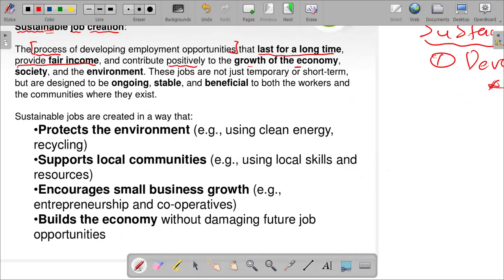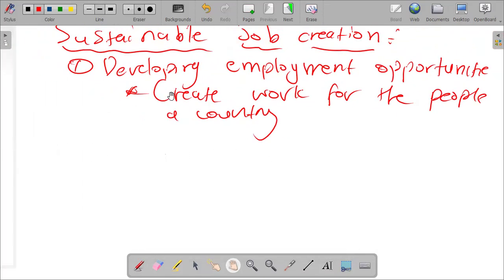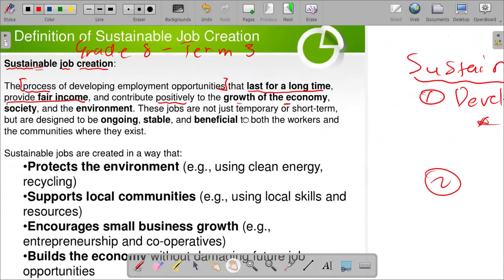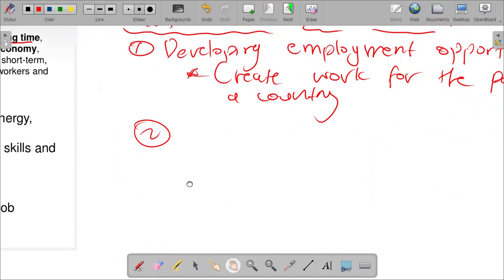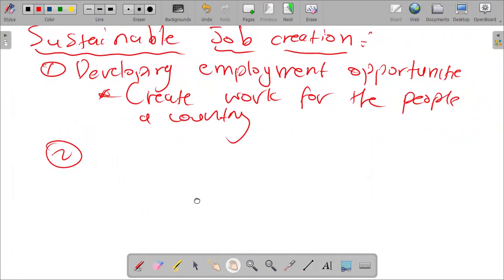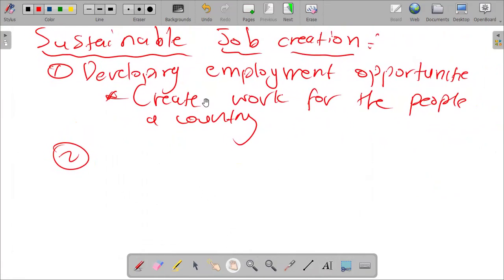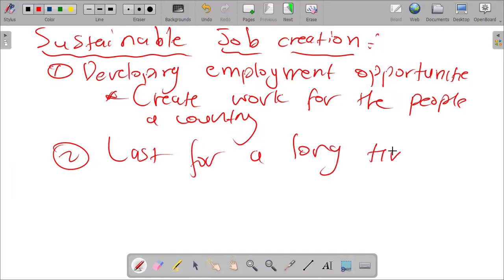So the second part of the definition, remember this was the first part, is to develop employment opportunities. Now what's the second part? The second part is that they must last for a long time. So these jobs must be for at least 18 to 36 months or more.